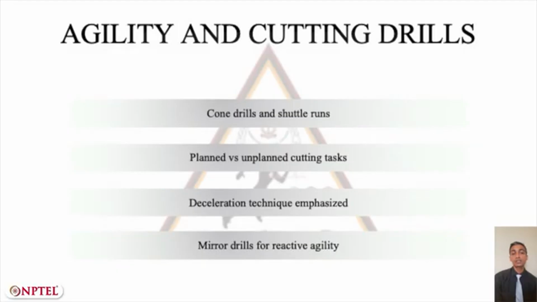Mirror drills are similar to unplanned cutting tasks. In this activity, the athlete mirrors the task of his trainer. Deceleration drills test the ability to safely absorb force and decelerate. Teaching athletes to slow down under control is just as important as speeding up.